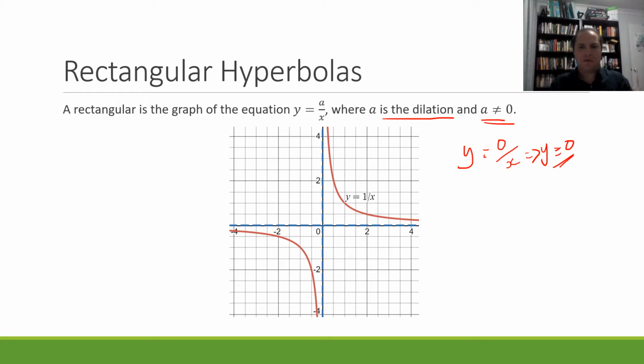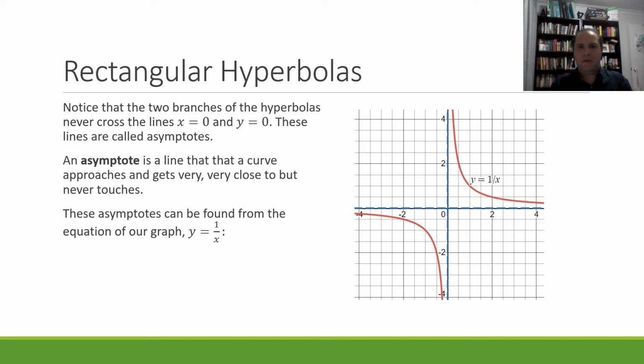Notice here, students, we've got two branches. We've got one branch up here and a second branch on the bottom here in that bottom left quadrant. Now students, notice that the two branches of our hyperbola never cross the line x equals 0 or the line y equals 0.